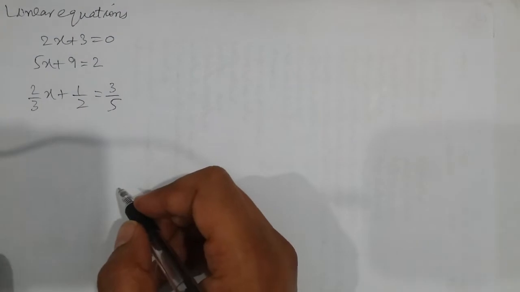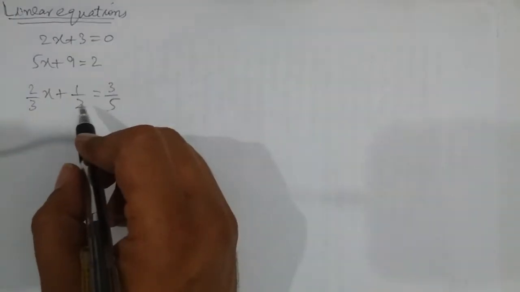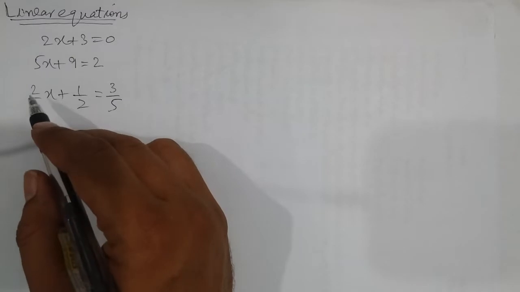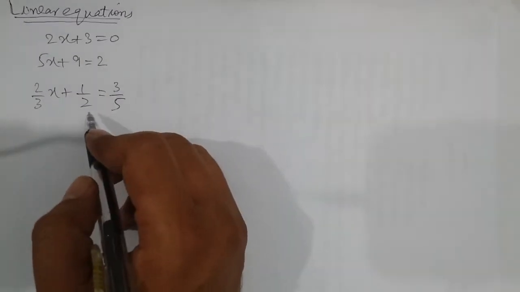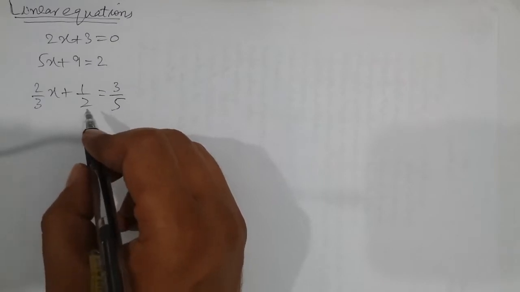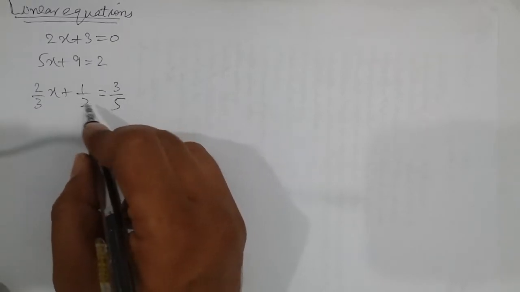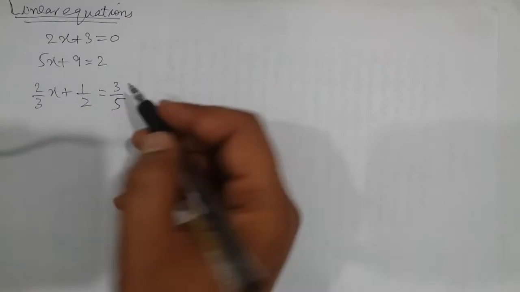All these are linear equations. So linear equations can be written in the form of fractions as well. These numbers can be written in the form of fractions because these are real numbers.